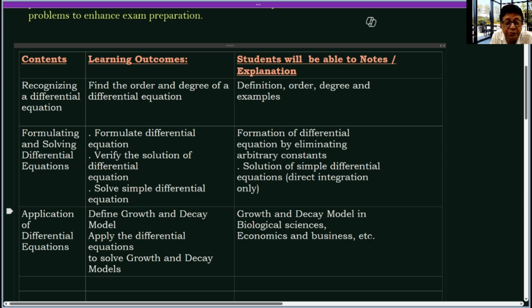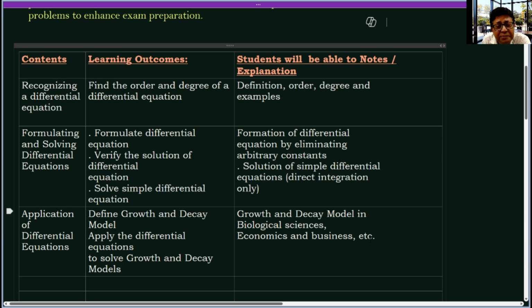But then why are they written under biological sciences? This is due to, see, population growth is a biological process. You agree or not? The growth of bacteria in a culture is a biological process. And in economics, growth of money, that is application in economics.